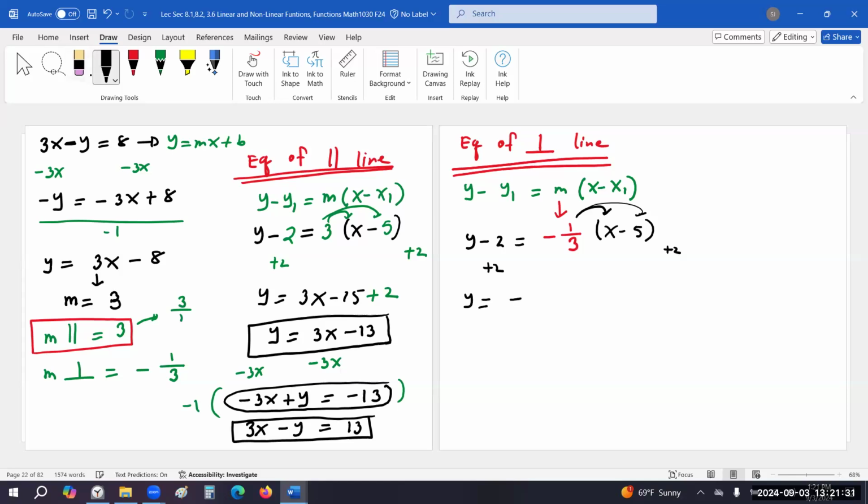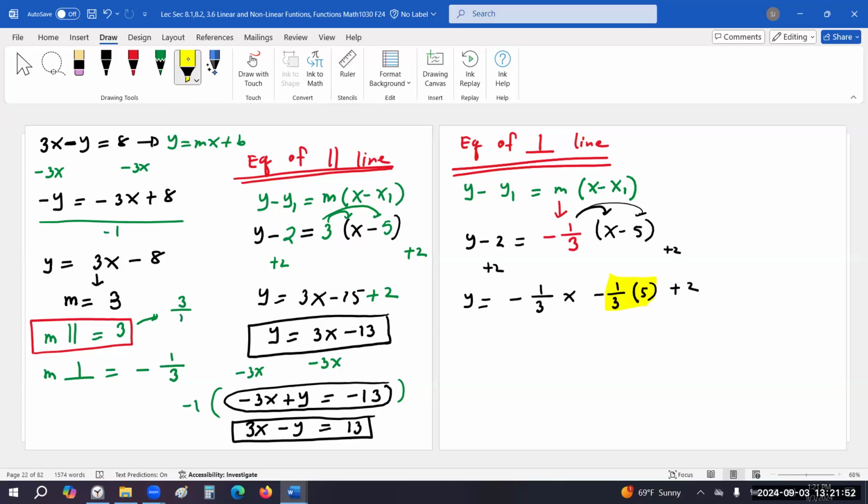So y is negative 1/3 x, negative 1/3 of 5, and we are adding the 2. What do we have here? 1/3 times 5.